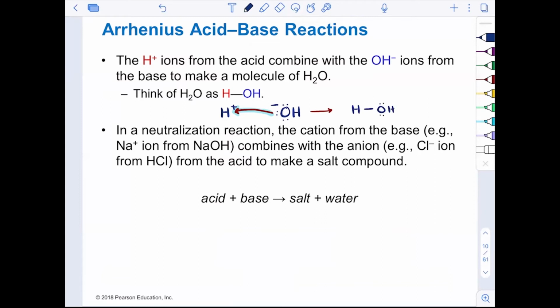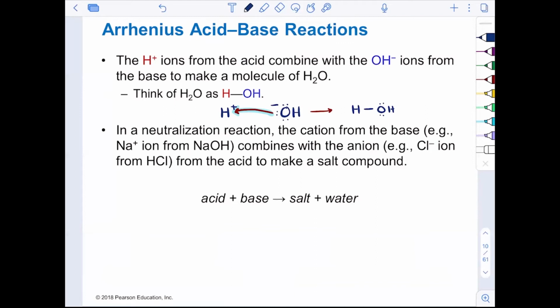By donating one of those lone pairs, oxygen goes back to a formal charge of 0. By accepting that lone pair, the hydrogen cation, the proton, goes to a formal charge of 0 as well. So we can see a lot of different definitions in this Arrhenius acid-base definition as well. Things like donating electrons and accepting electrons, the Lewis acid-base reaction.